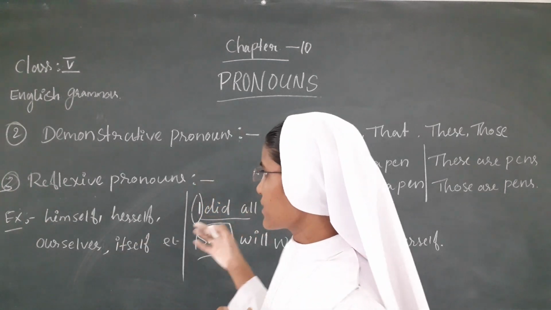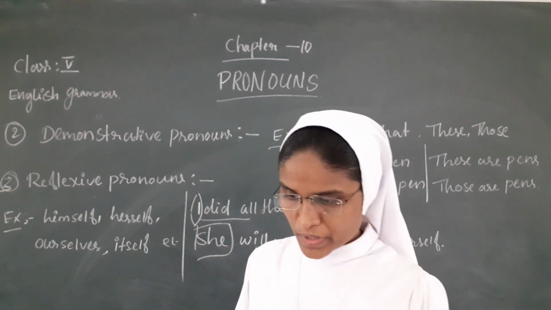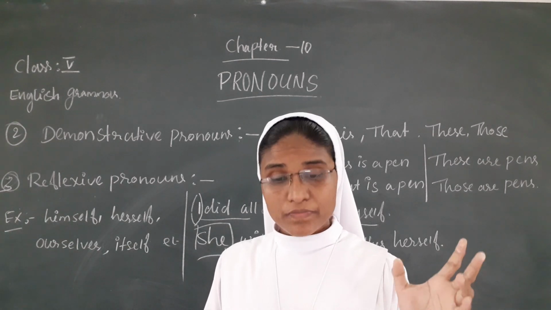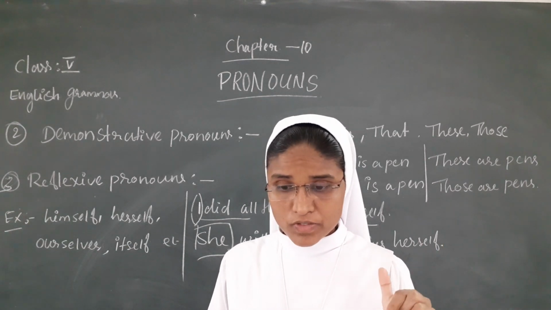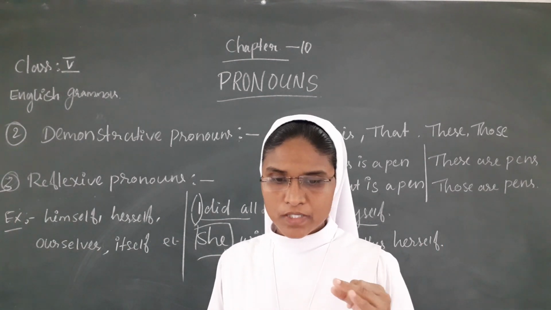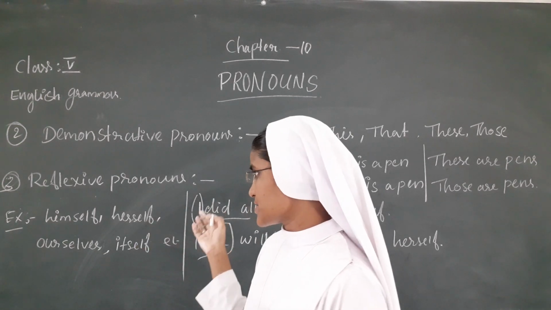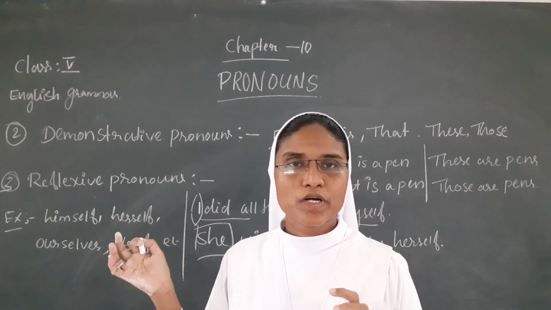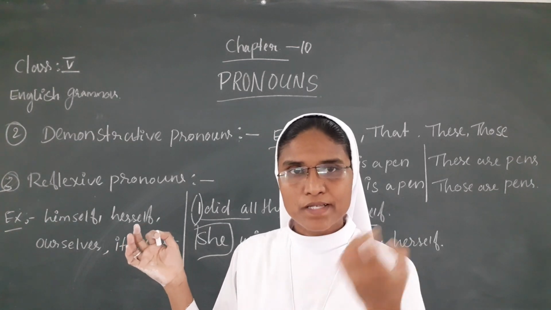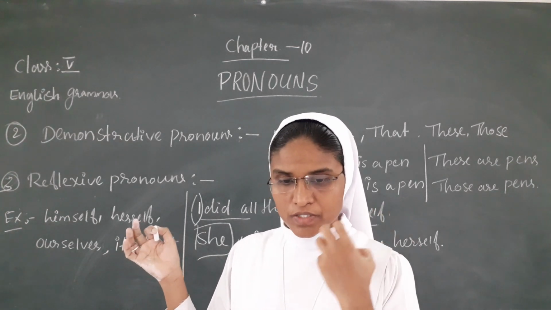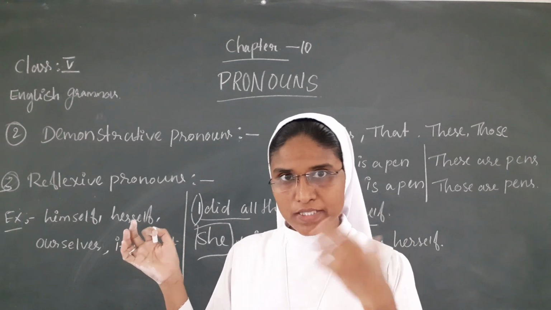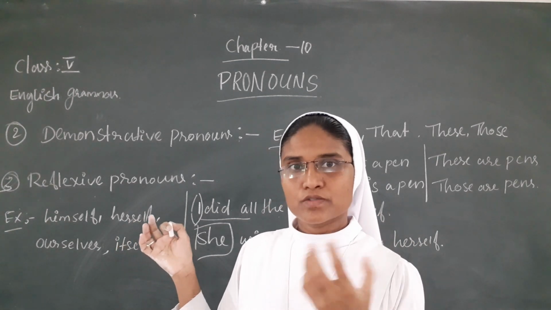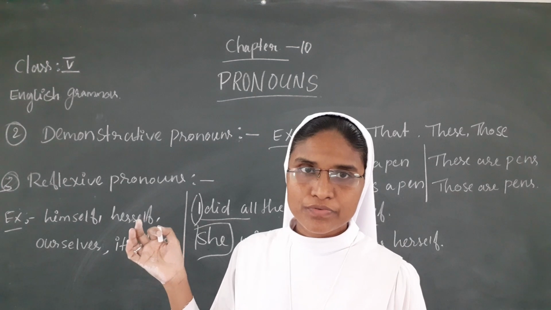Here, for example, the reflexive pronouns are in the textbook, page number 13. Himself, herself, myself, ourselves, itself, yourself, yourselves, themselves. These are the reflexive pronouns. Reflexive pronouns means doing for myself, ourselves, itself, themselves, doing for me, doing for her.